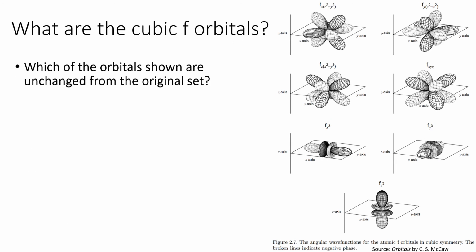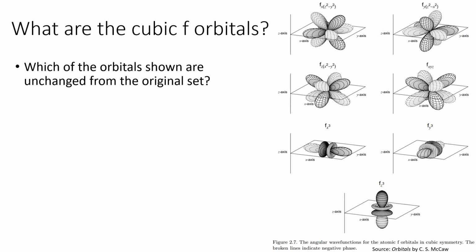But it is possible to formulate f orbitals in such a way that they are cubic. And so to do this, we have to explicitly mix the 3 and -1 eigenfunctions and the -3 and +1 eigenfunctions. And actually, having gone to that trouble, we then of course have to form real combinations of these as well.